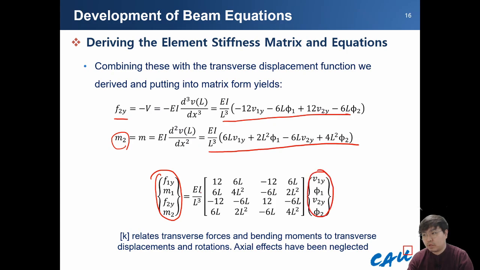Here we have the same coefficient EI over L cubed, and then 6L, 2L squared, minus 6L, 4L squared. So this is the local stiffness matrix of the beam element.